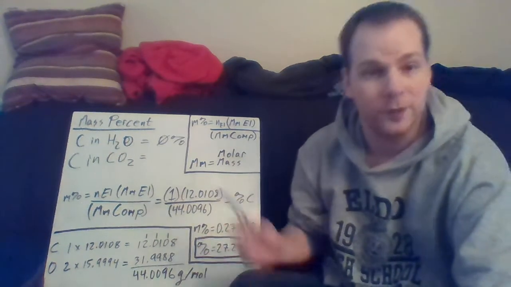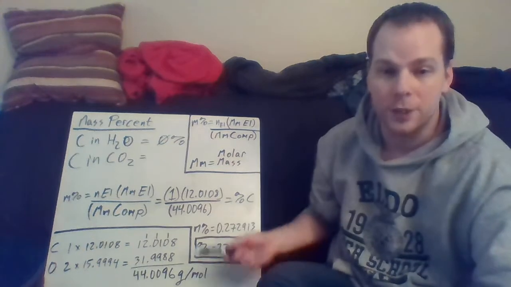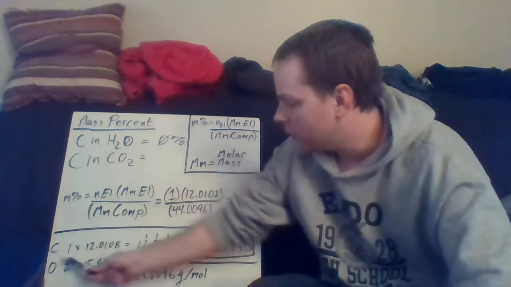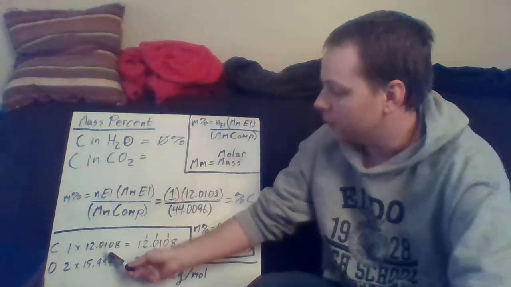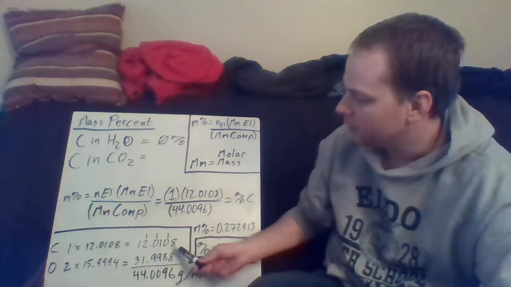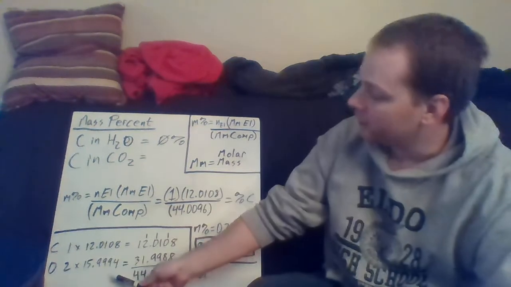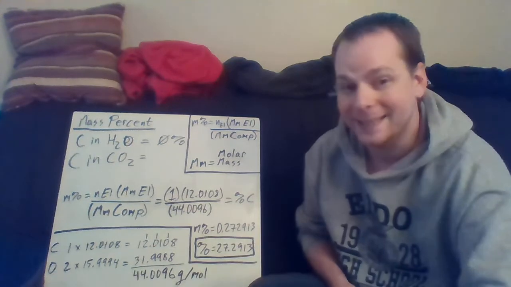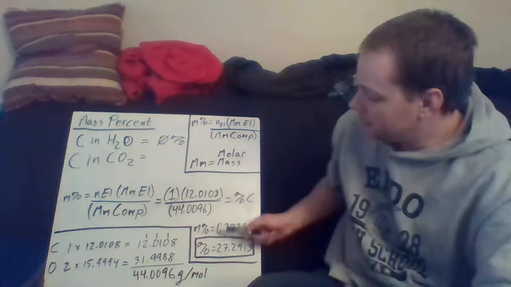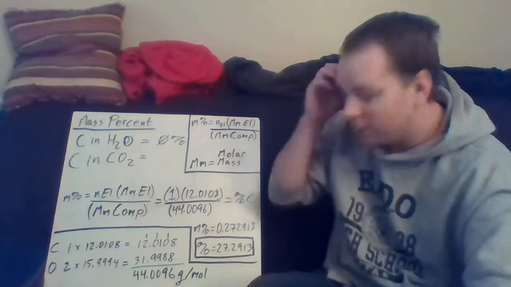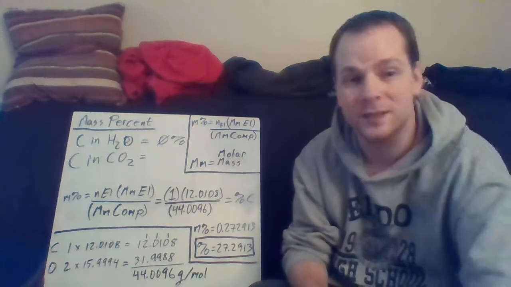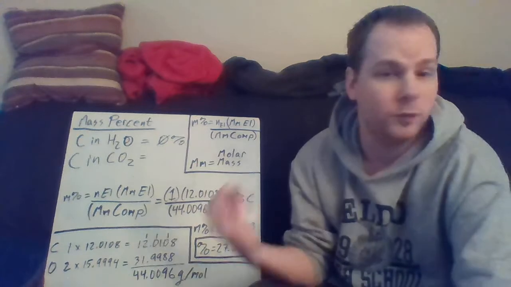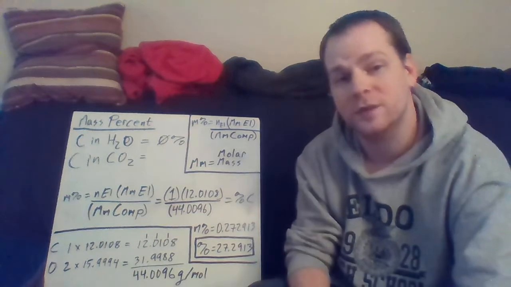So that's 1 carbon and 2 oxygens, which I have done here. I have 1 carbon times the molar mass of carbon, which is 12.0108, which just stays 12.0108. 2 oxygens times 15.9994 is 31.9988. Add up these 2 numbers, and that gives me 44.0096. And I don't have to do any rounding because every single one of these numbers, including the answer, was 6 digits, which is really nice.